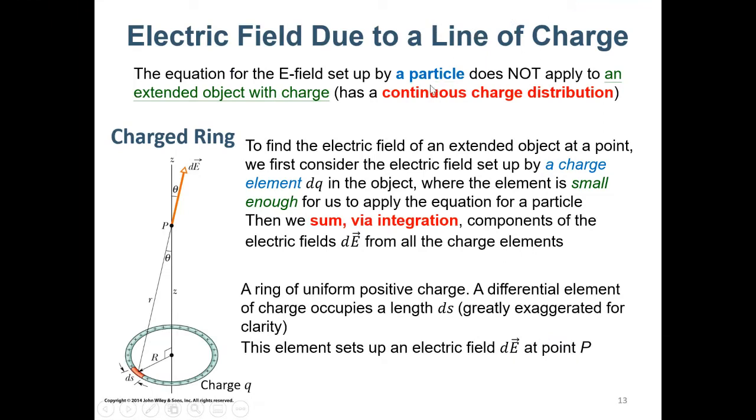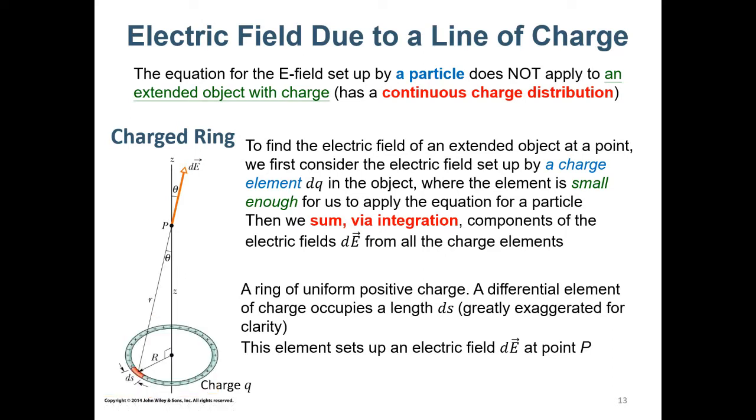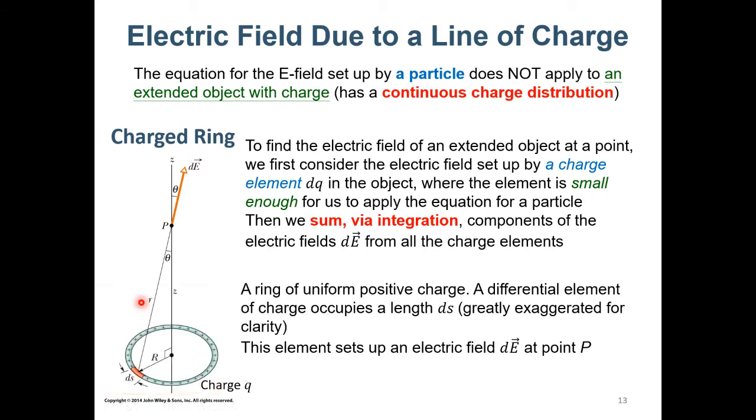Okay, so last time we finished this part, which is about calculating the E field generated by a charged ring. Of course, this problem feels kind of stupid because you're just integrating a constant around the ring.